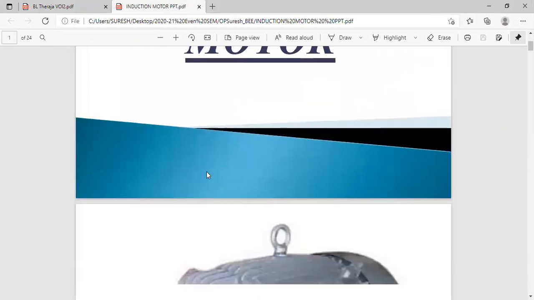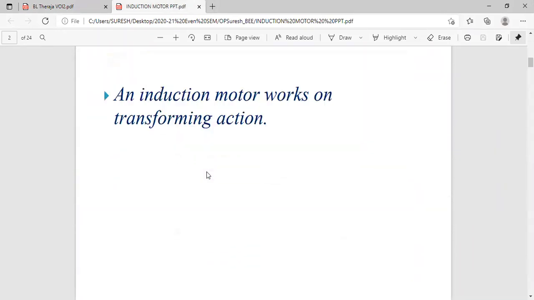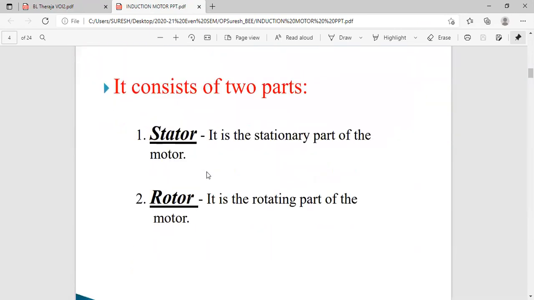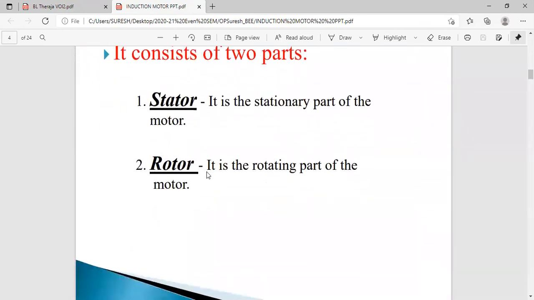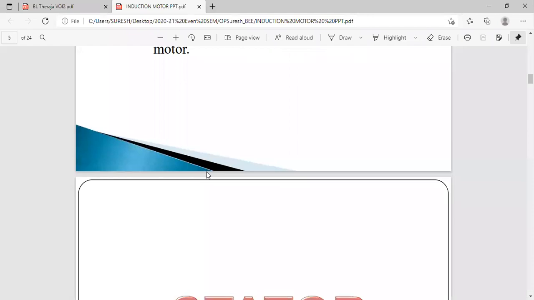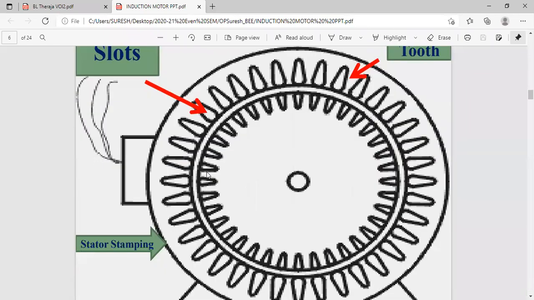See here. This is the stator, outer part. This is the teeth of the stator.